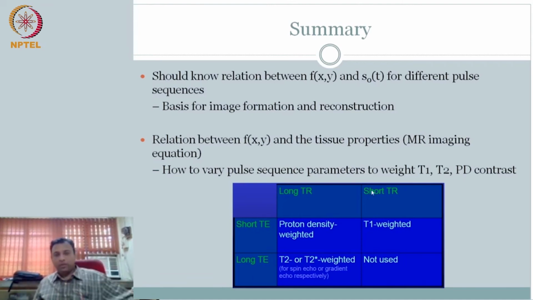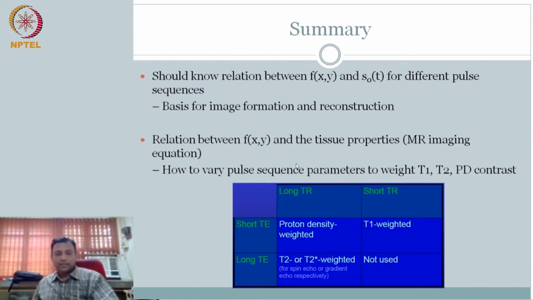Same thing you have to be able to explain. So you should understand the combination and how you realize that combination using the pulse sequence diagram, and how you understand from the pulse sequence diagram the Fourier space, how you have traveled through it, and therefore your S0 of t.